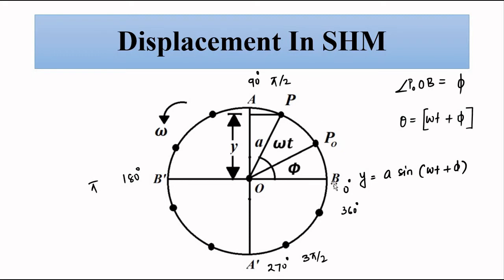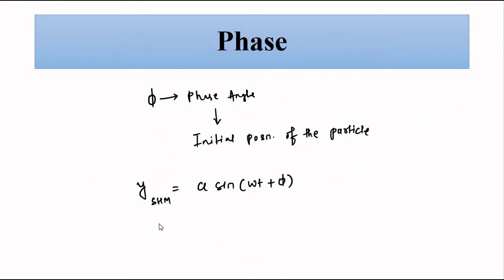Depending on the position of the particle on this reference circle, the value of φ will change, and as a result the component ωt + φ will also change. That's why it is very important, and this quantity is called the phase of the simple harmonic motion.